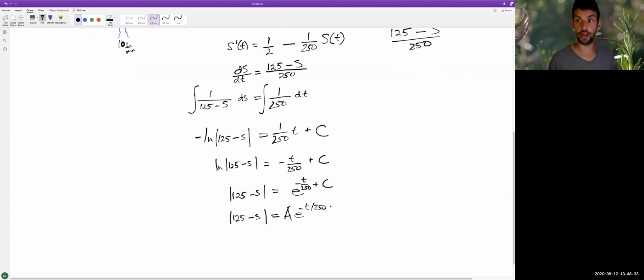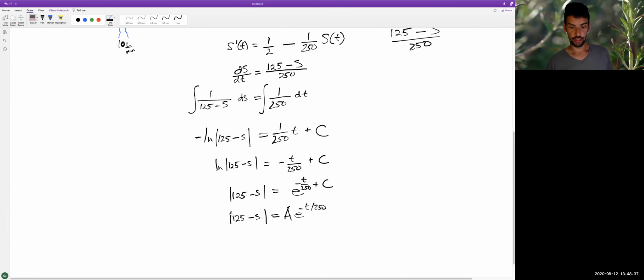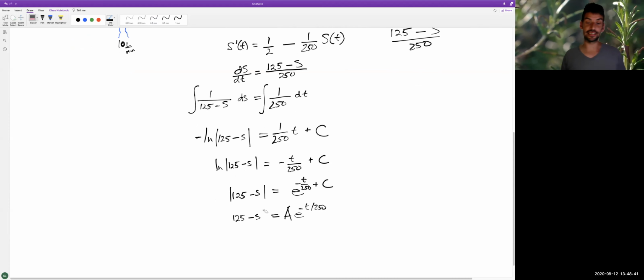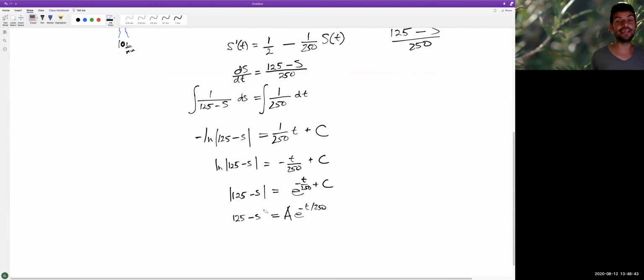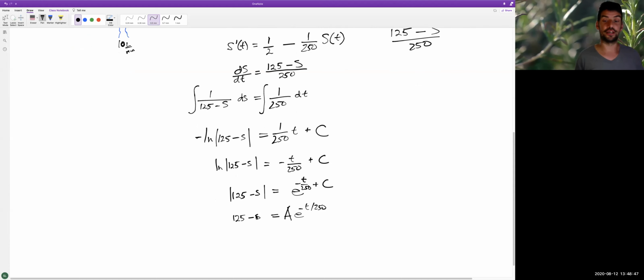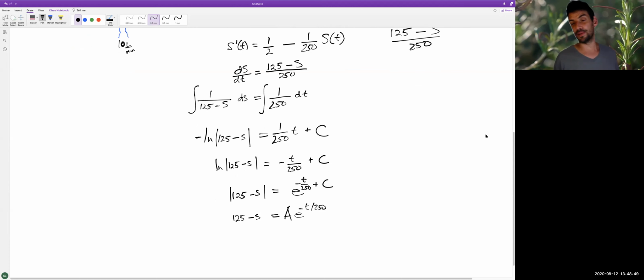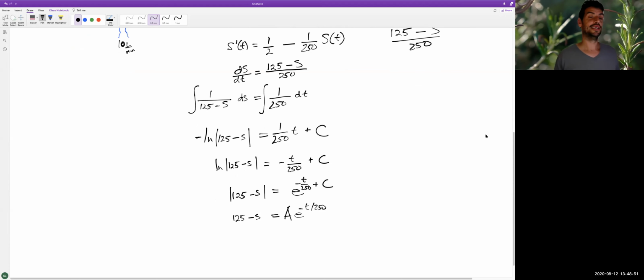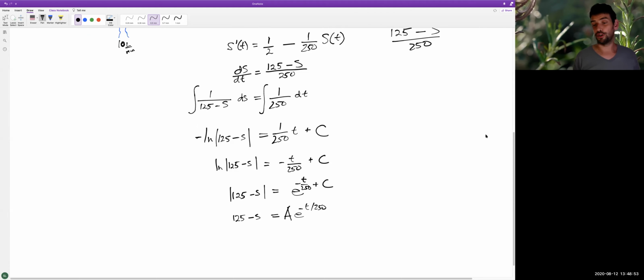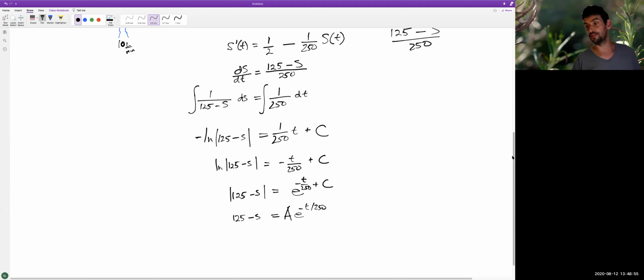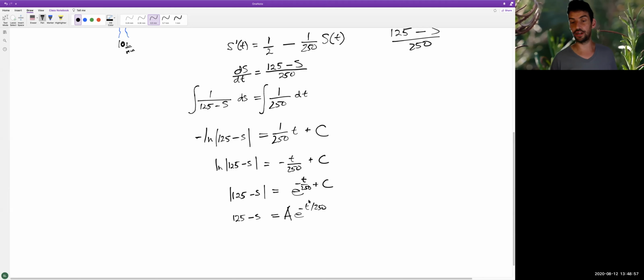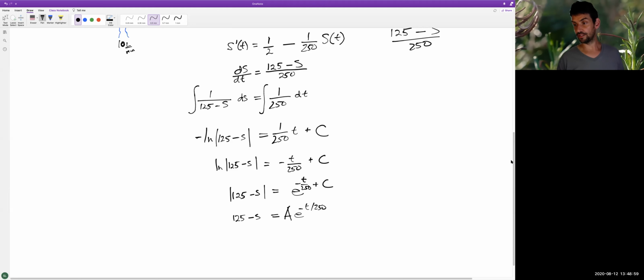Using the properties of exponents. And at this point, I can also drop the absolute values because that arbitrary constant can absorb the plus and minus of the absolute value here, right? It'll become pretty clear what we want because this is going to be an amount of salt. We know in the end we're going to have only positive amounts of salt. We'll figure out what this constant is when we get to the end.